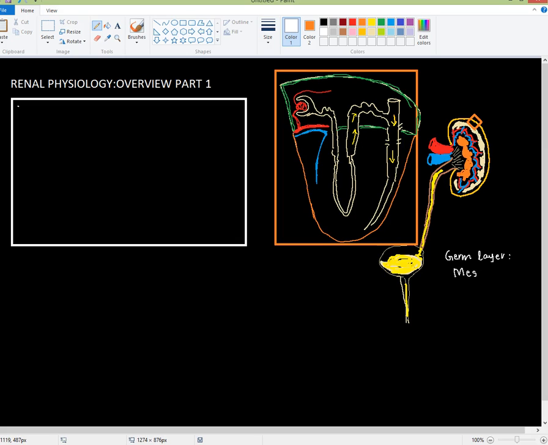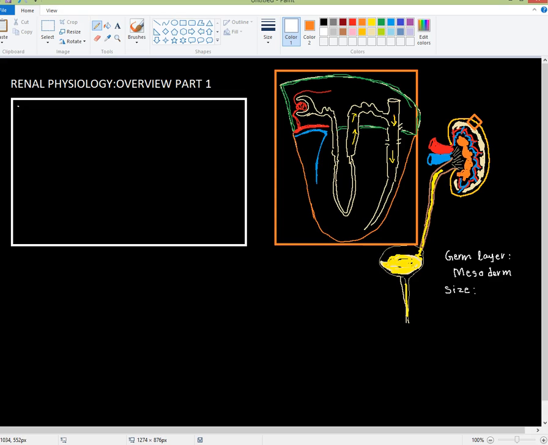So it's originating in the fetus from the mesoderm layer, and then it differentiates and multiplies and then gets to its actual structure. So that's the origin. Okay, and then let's talk about the approximate normal size of the kidneys.